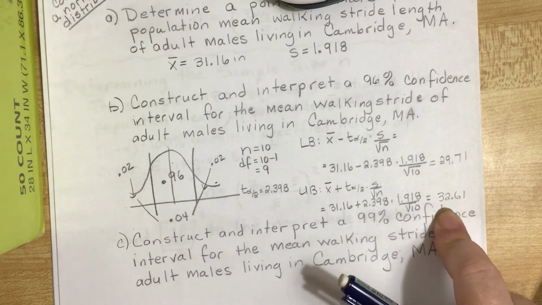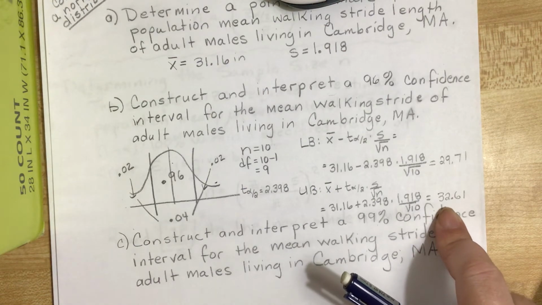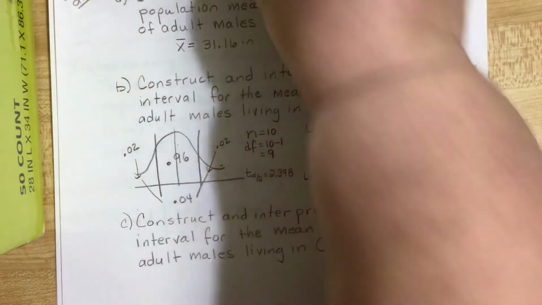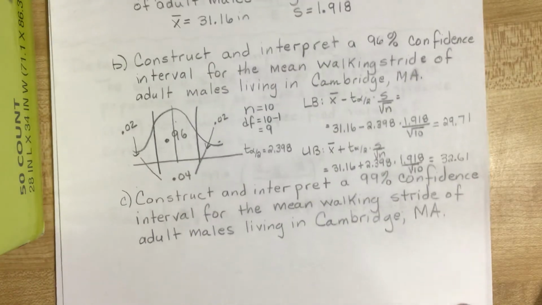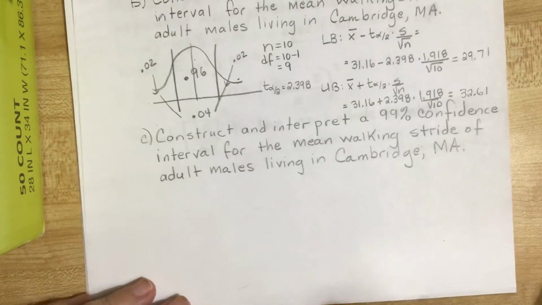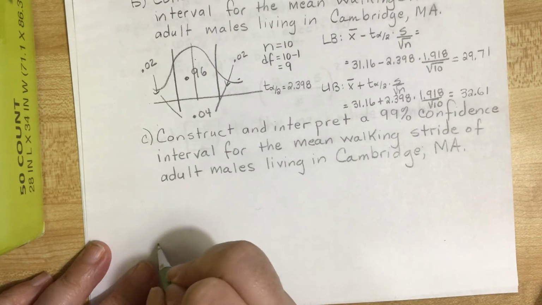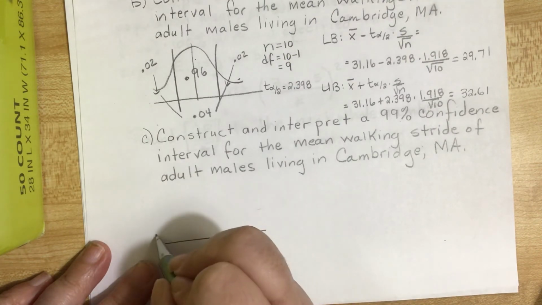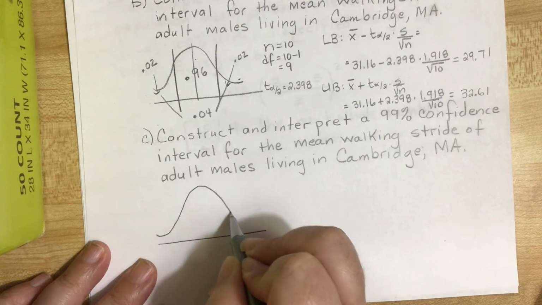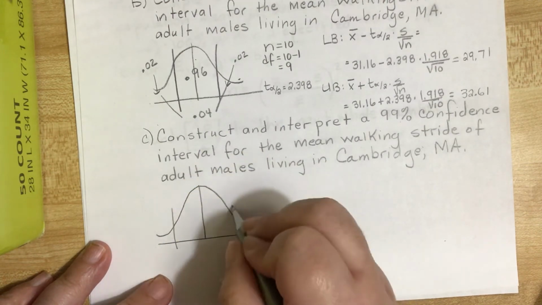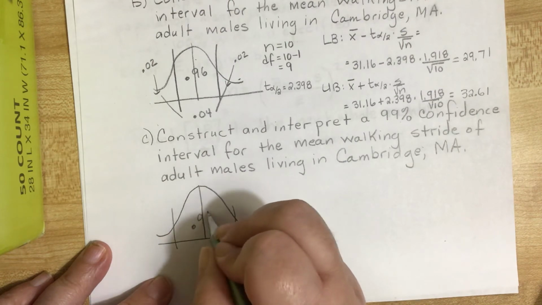Alright, so I want to take that same problem and change it to a 99% confidence interval, and I want you to see what's going to happen. We want to be 99% confident.